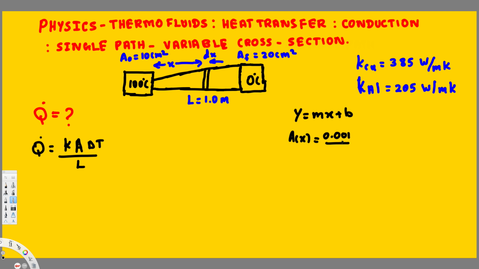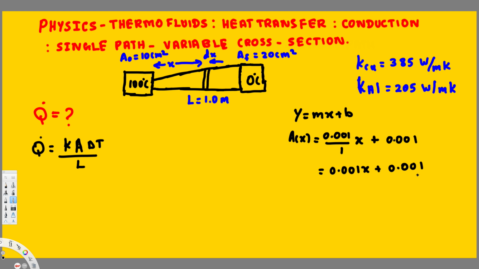And divide by the distance, that is 1 meter. That's going to be our slope times x plus b, which is the initial area, 10 centimeters square, that's going to be 0.001. So this is going to be our expression for area.